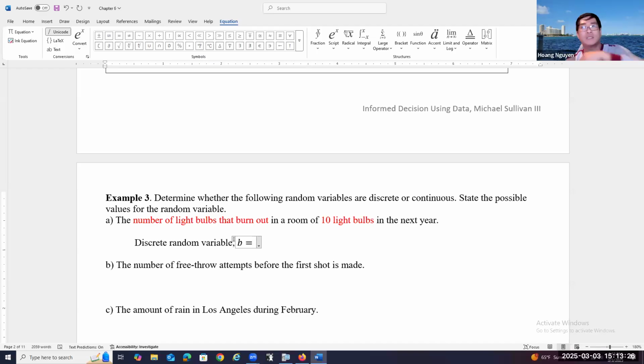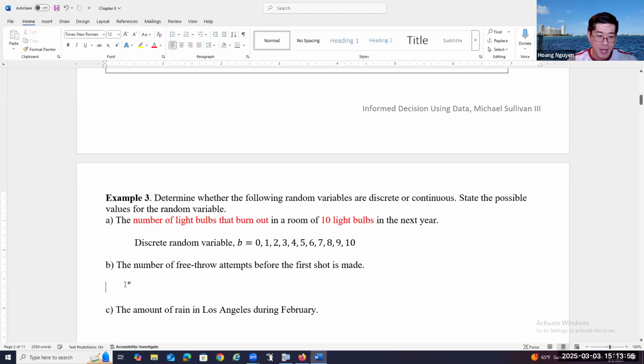It could be 0 when none of them burn out, or 1, or 2, 3, 4, 5, 6, 7, 8, 9, all the way up to 10, because we have a maximum of 10 light bulbs. So that's the possible values for this random variable.